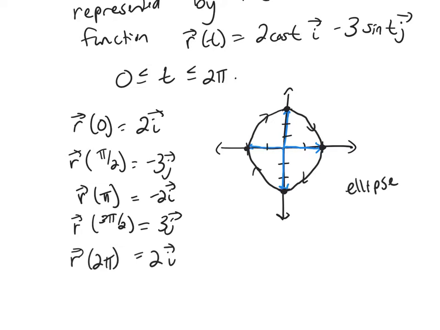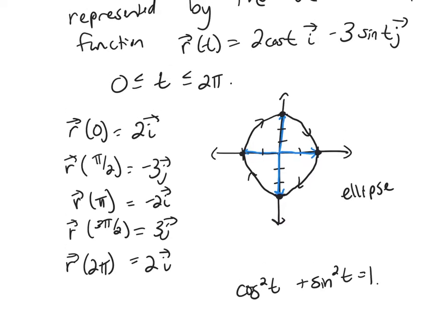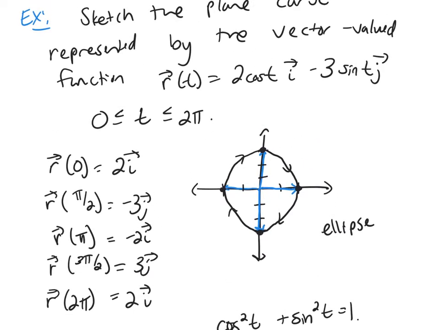So let's see if we can verify this. Remember that we have the equation cosine squared plus sine squared equals 1. Going back to our equations, x is 2 cosine t, and y is negative 3 sine t.